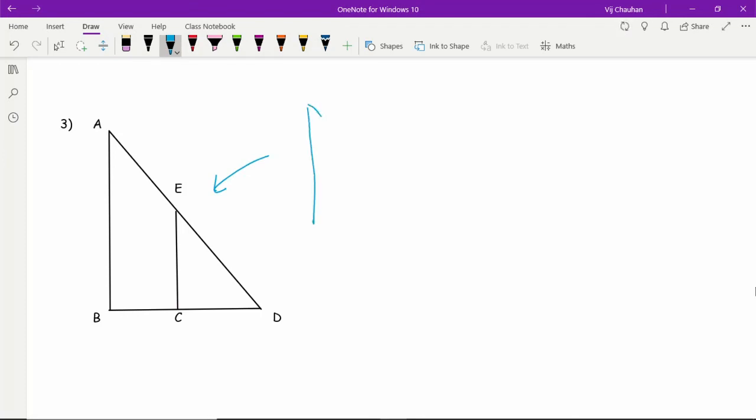I've got the large triangle, which is labelled A, B and D, and I've got a smaller triangle which is E, C and D. If the question or the diagram is giving you numbers or things you want to find, you label it on this triangle, and if the side that you're trying to find, call it X, just to make your life a little bit easier, but also to relate it to some of the earlier questions that we did in the previous video.